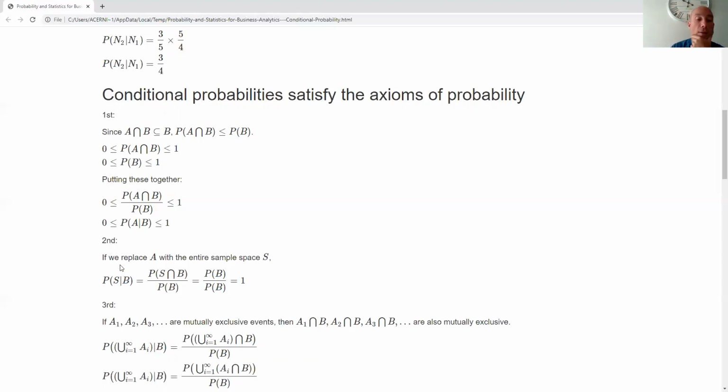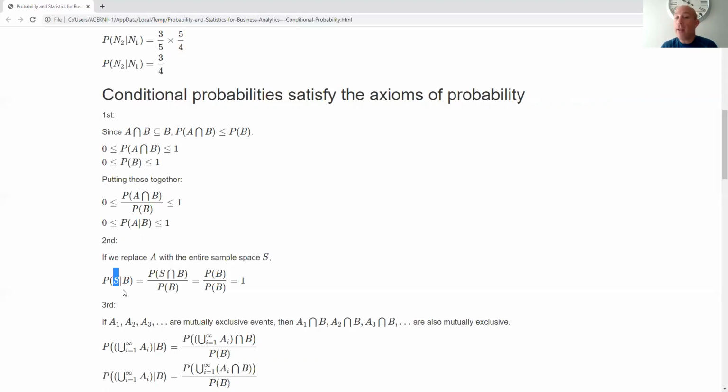Now, for the second axiom, the entire sample space has to have probability 1. All right, well, what we're going to do, we're going to take our formula. I'm going to replace A with the entire sample space. So here I have the probability of anything in the sample space given that we have B. Now, if you think about it, given that we have B, that's an event in the sample space.